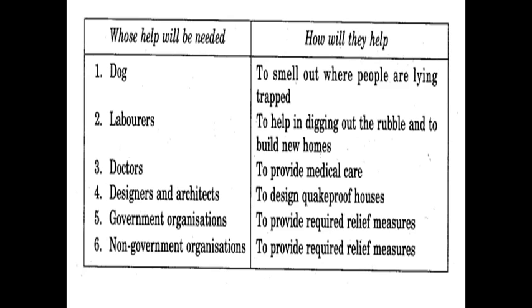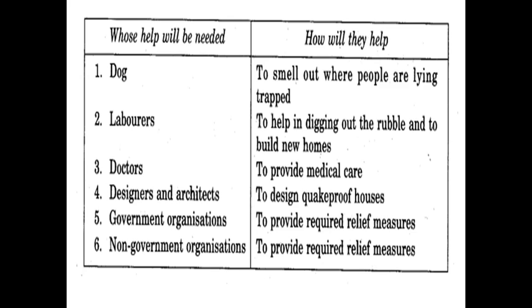So the dog will help to smell out the people, so we can remove them from the debris. Laborers are there to help in digging out the rubble and to build new homes for the homeless people.